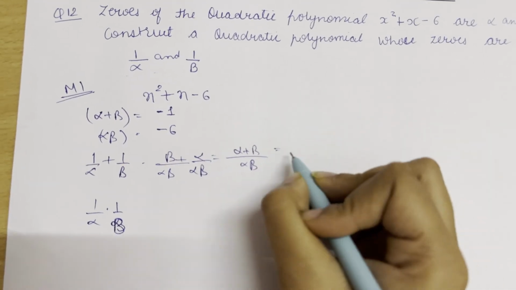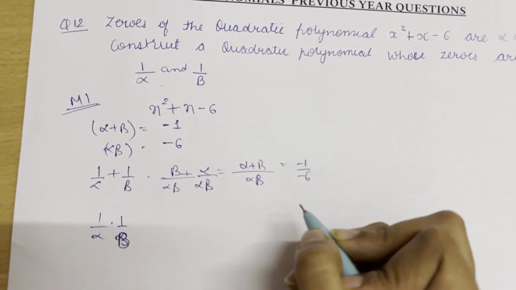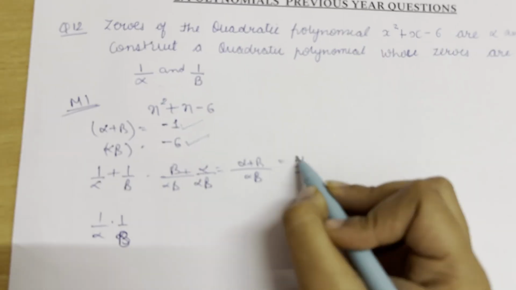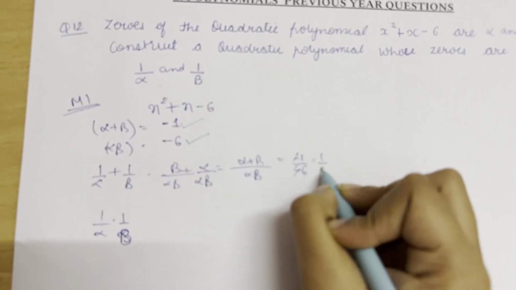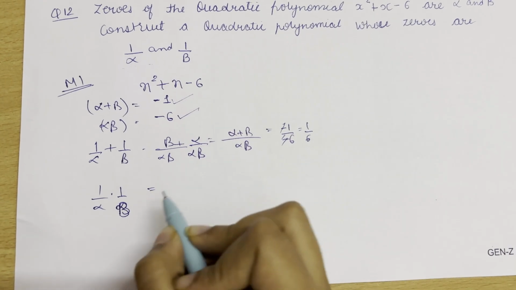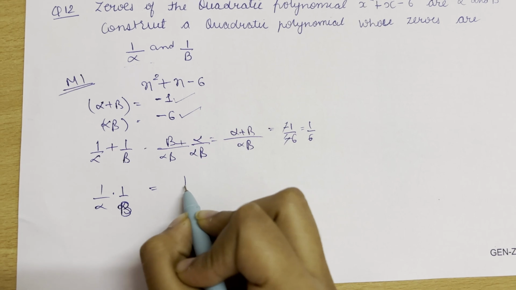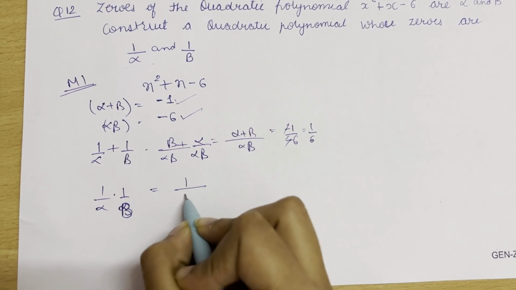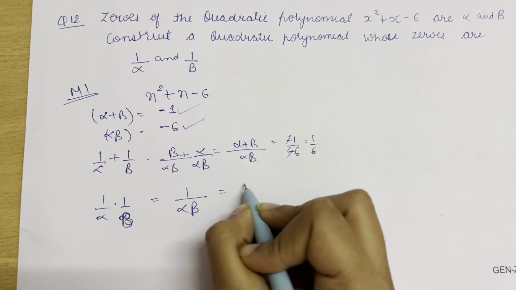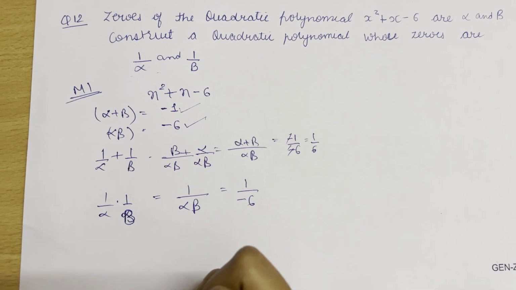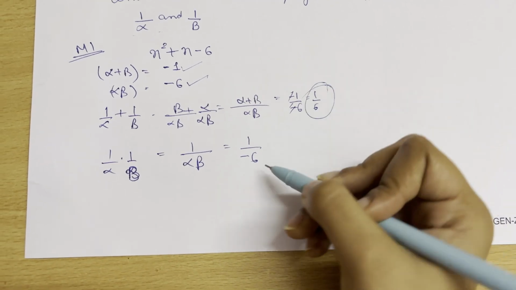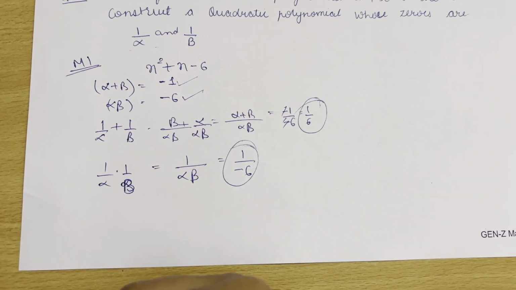If I substitute the values of alpha plus beta and alpha beta from here, I can cancel out minus and minus, and I get 1 by 6. And the product of 1 by alpha and 1 by beta could be written as 1 upon alpha beta, so that is 1 upon minus 6. Okay, and I can substitute the values of alpha plus beta and alpha beta.